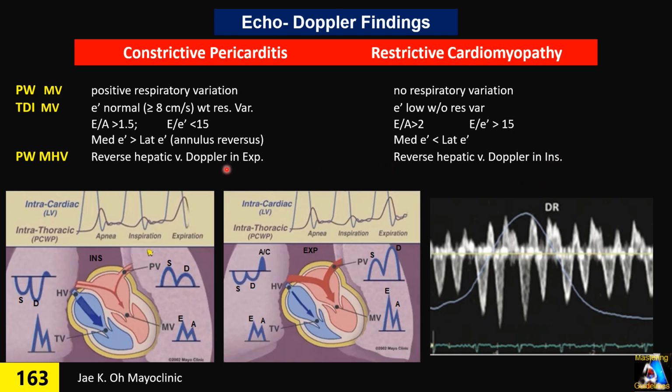So exhale in constrictive pericarditis, we have reverse hepatic flow, and in restrictive cardiomyopathy, we have reverse flow in the hepatic vein in inhale. Whenever we have these 3 parameters in any patient with septal bouncing, the specificity and sensitivity of diagnosis of constrictive pericarditis will be over 90%.